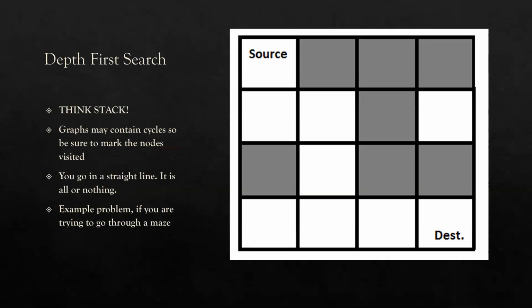So first, let's cover depth first search. The very first thing you want to think about when you see a pathfinding problem and decide to use depth first search is the stack, because that will be the main data structure for you to push in vertices and pop them out in order to construct this.